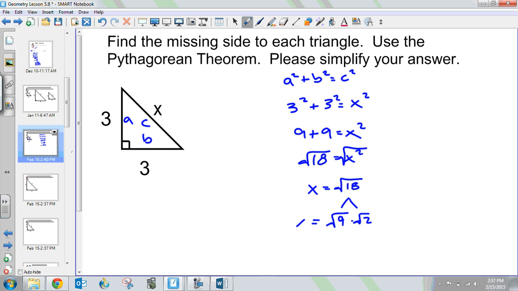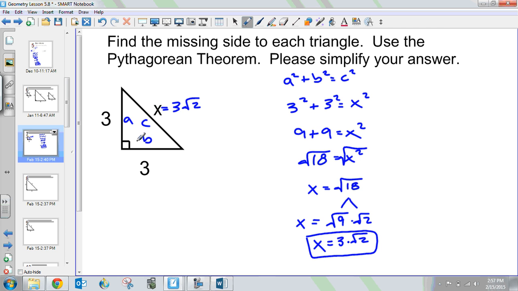I can take the square root of 9 and that gives me 3. So x is equal to 3 times the square root of 2, and that's an exact answer. I'm just going to write that here: 3 times the square root of 2.